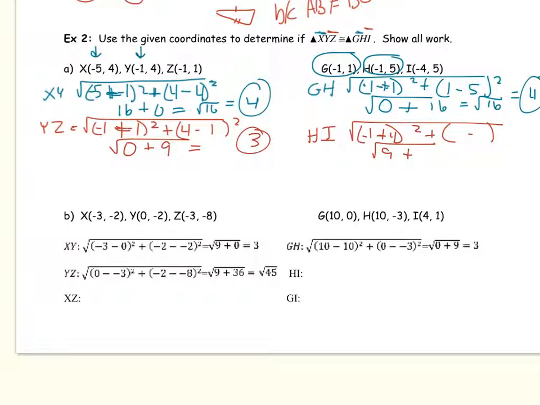Then I subtract my y's, and I have 5 minus 5, which is 0, and 0 squared is 0. So the square root of 9 is 3. So again, these two check, and these two check. So two sides are the same. So then I check my third side, which is XZ. Change this to green so you can see.